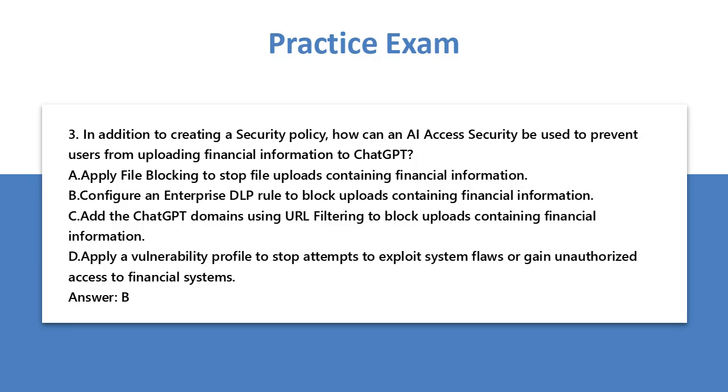C. Add the ChatGPT domains using URL filtering to block uploads containing financial information. D. Apply a vulnerability profile to stop attempts to exploit system flaws or gain unauthorized access to financial systems. Answer: B.